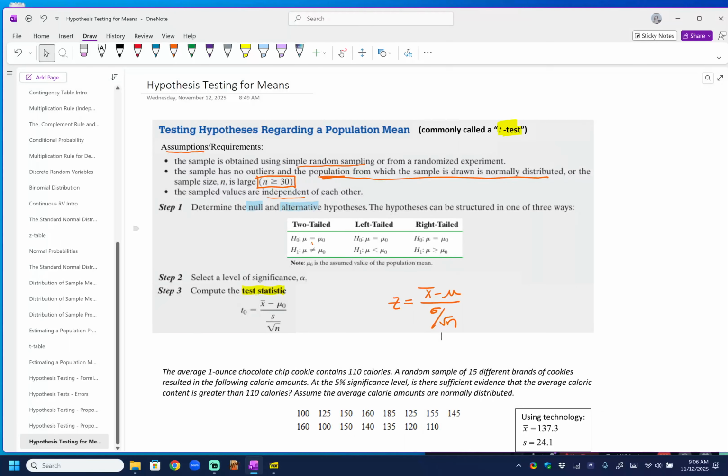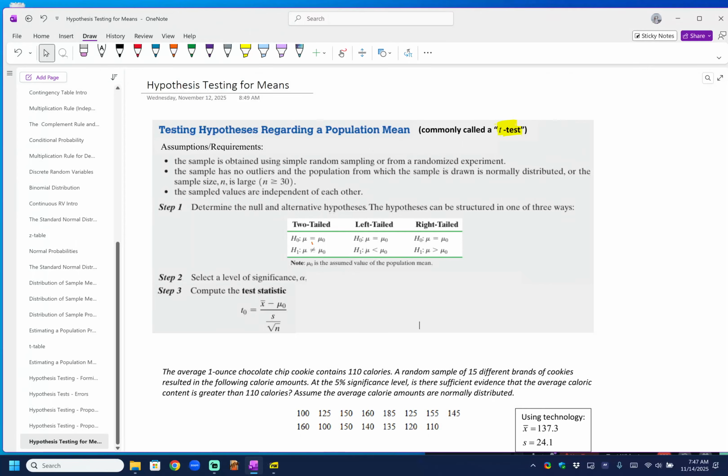So our test statistic for our t-test is just an adaptation of this same formula. We are going to be using t instead of z because this is a t-test, and we're going to be using the sample standard deviation instead of sigma. Recall that we use the sample standard deviation s because sigma is unknown in any t-related inference technique.